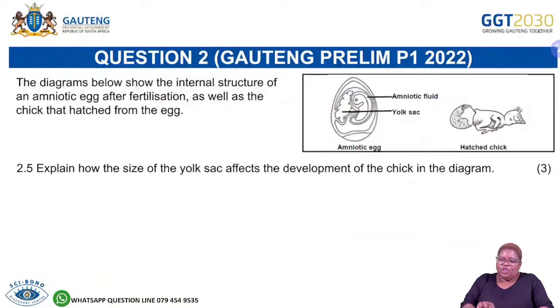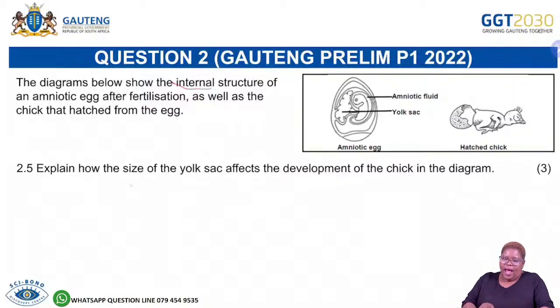The diagram below shows the internal structure of an amniotic egg after fertilization, as well as the chick that hatched from the egg. Right, they are not going to give you those simple questions only. You also need to get those application questions.